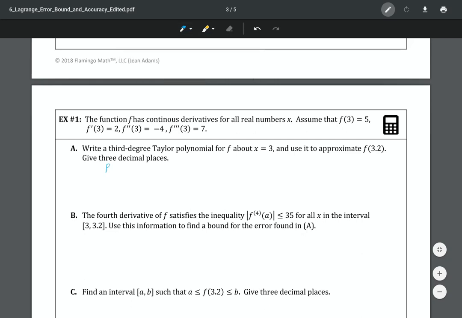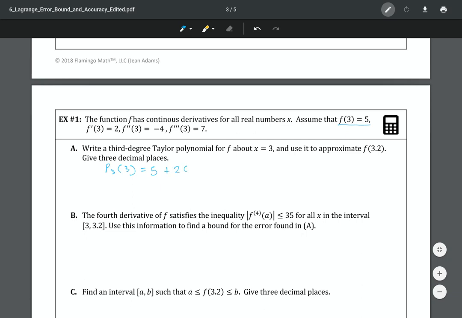So we're going to call this a polynomial of degree 3, and now we're going to use the Taylor series. I would encourage you to go back and look at what that is, but you can tell what's going on by what I'm about to write here. So we have 5, the center is x equals 3.